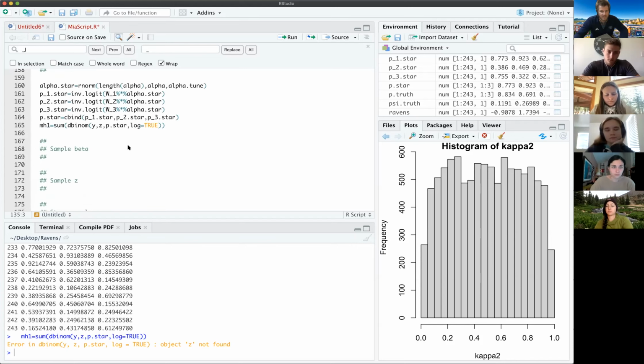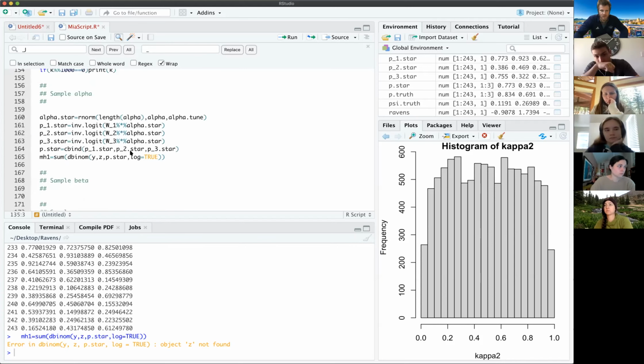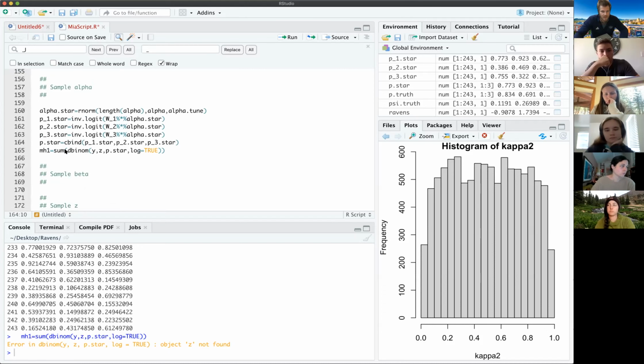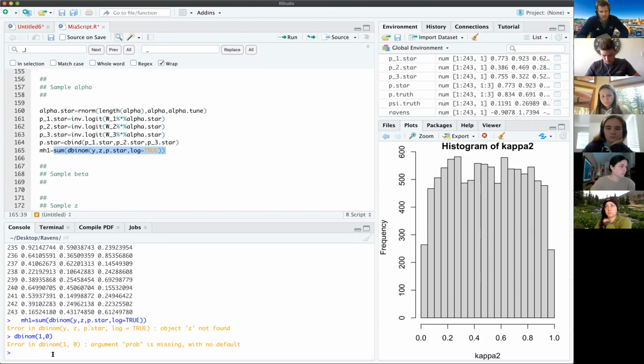The reason why we can't have a z that is 0 and a y that is 1 is because when we calculate the density of the binomial distribution when y equals 1 and z equals 0, it's going to give us an error, because it's impossible to have a success when you have 0 trials. So if we do dbinom(1, 0), it'll give us an error.